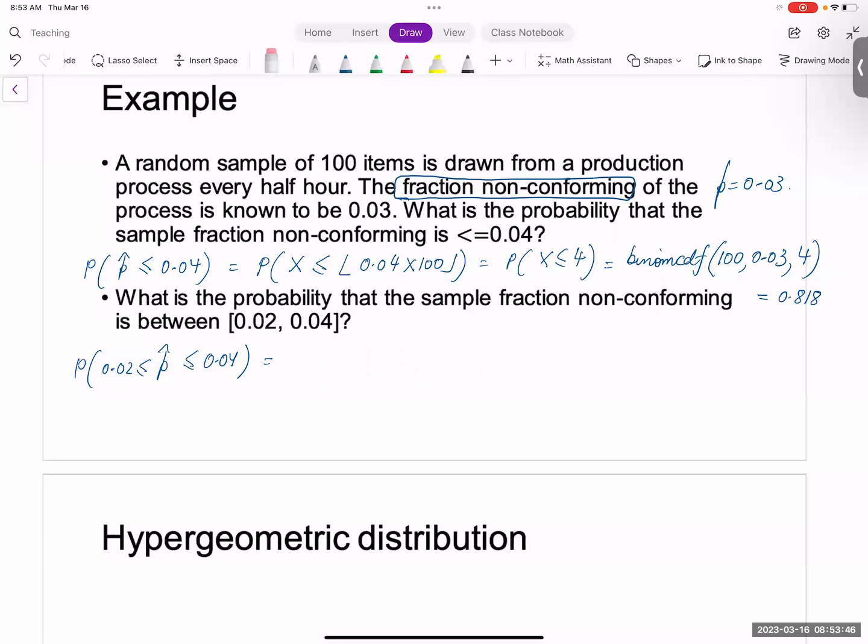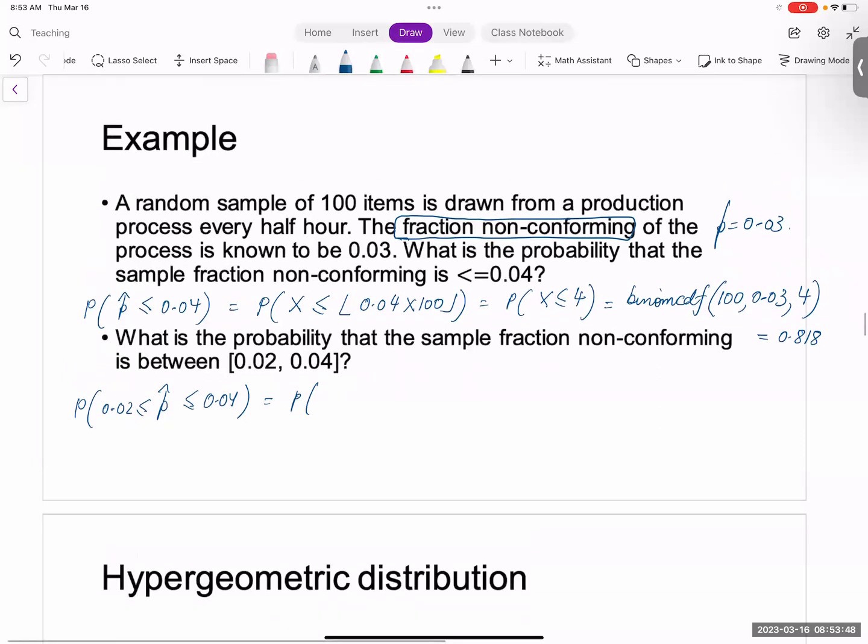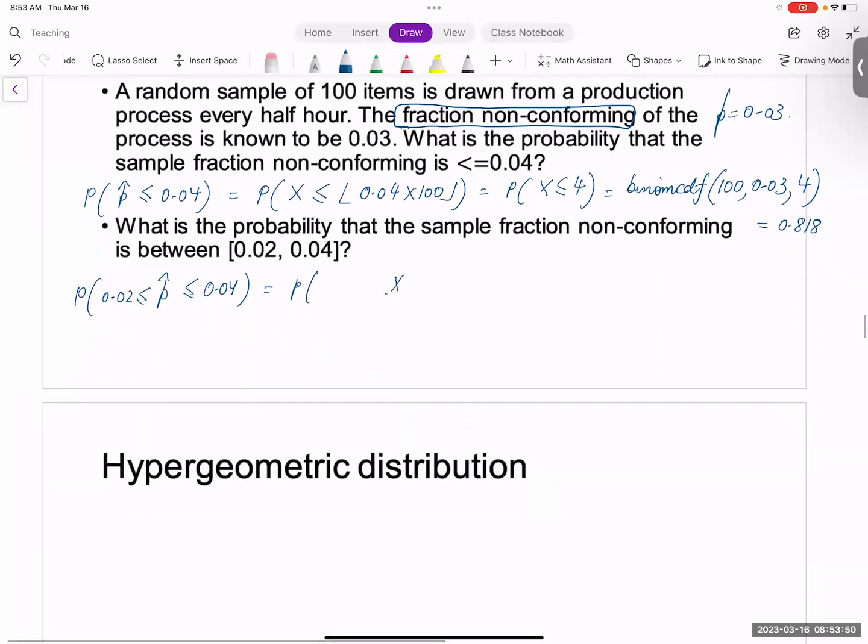Let's say this is equal to probability p hat, I can replace it with uppercase X divided by n, less than or equal to 0.04 and greater than or equal to 0.02. This is equal to probability x is less than or equal to floor of 4 and greater than or equal to floor of 2.